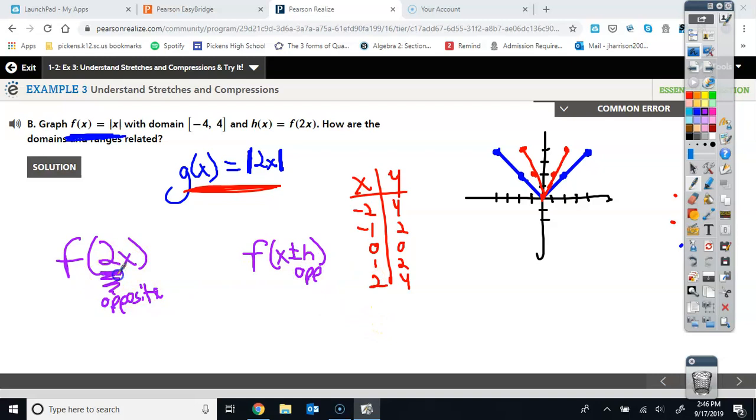We also have to remember, if there's a number right here, it is going to shrink it or compress it horizontally, okay, if it is a bigger number. And if it's a smaller number, like a 1/2, it is going to stretch it horizontally or make this graph look wider across there. So that is a little weird, and we will not work with those a lot, but it happens from time to time that you need to understand that there's a number that could be on the inside of the absolute value.